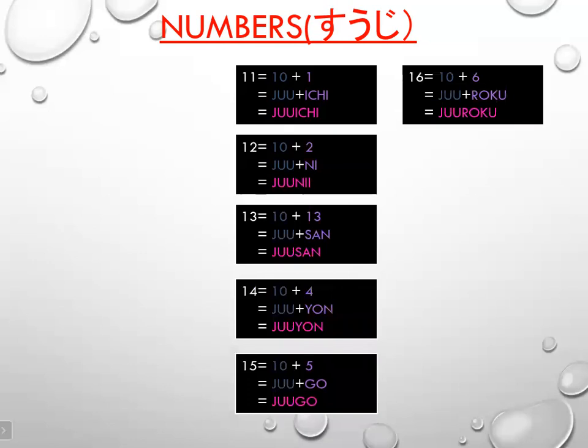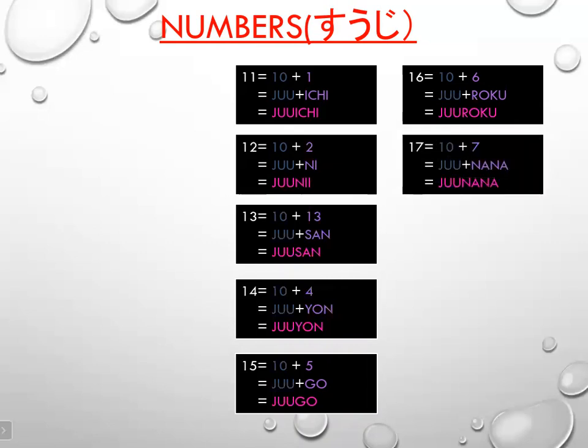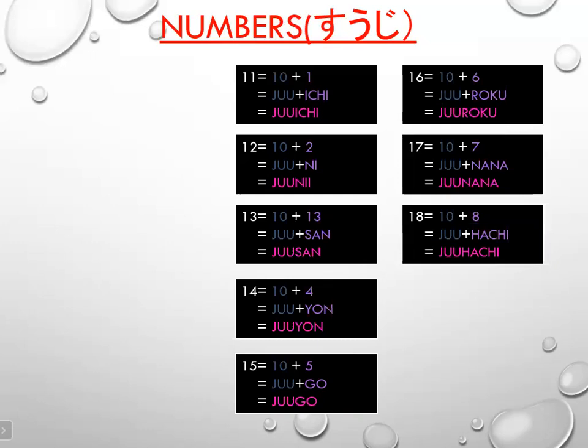16, so 6 in Japanese is roku, so 10 plus 6 will be ju roku. Then 17, 7 in Japanese is nana, so 10 plus 7 will be ju nana. Now 18 is 10 plus 8, 8 in Japanese is hachi, so it will be ju hachi.